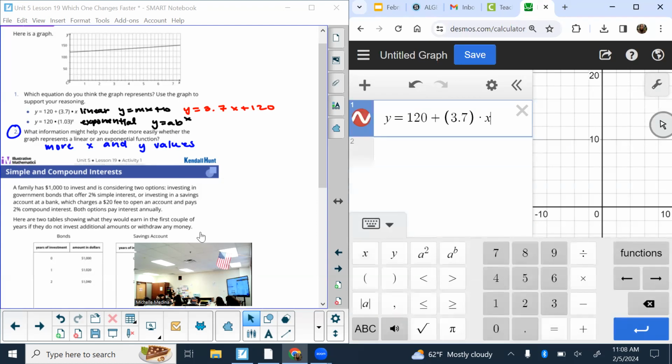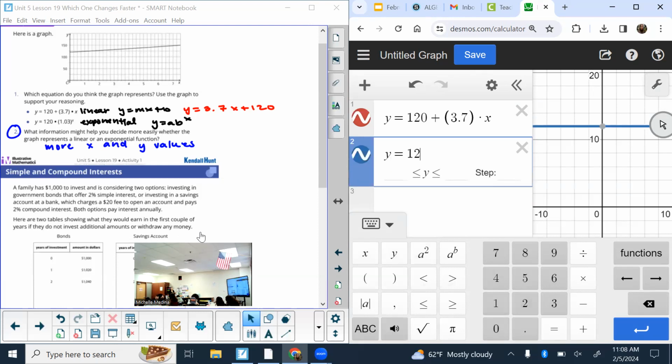But here's me graphing the first equation, and now here's the second equation. Okay, now first initially I don't see much.